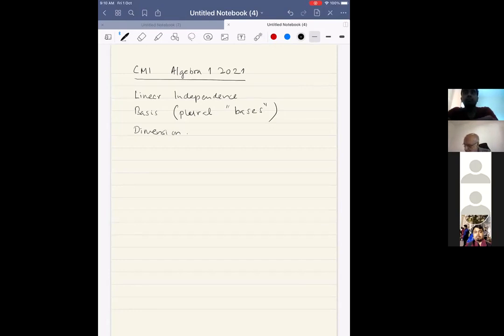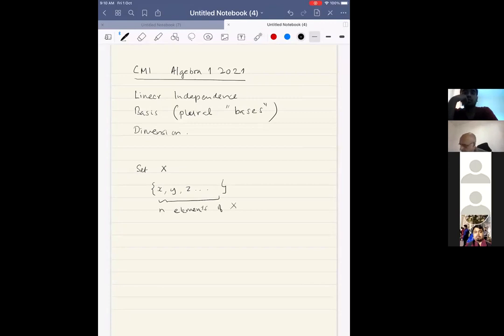So supposing I have a set X, and then I have a subset of elements. Okay, so elements would be X, Y, Z, and some n elements of X.